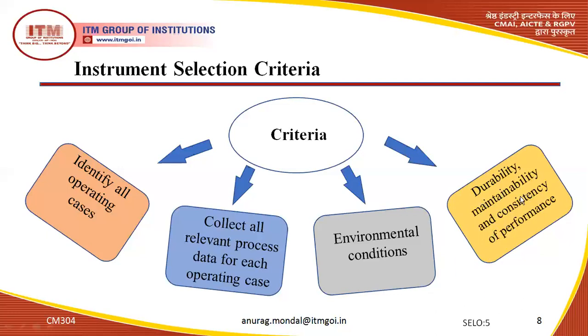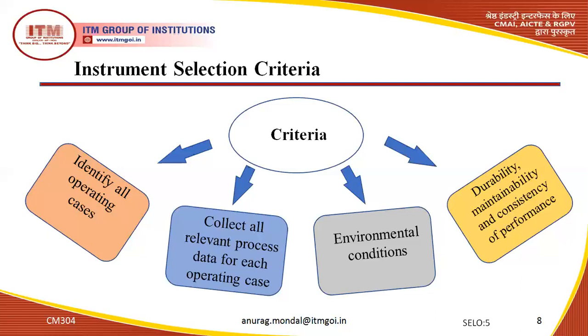Durability and maintainability are also important, because if I choose an instrument that works properly for 5 days, and after 5 days it has some problem in its circuitry, then we never choose that kind of instrument.